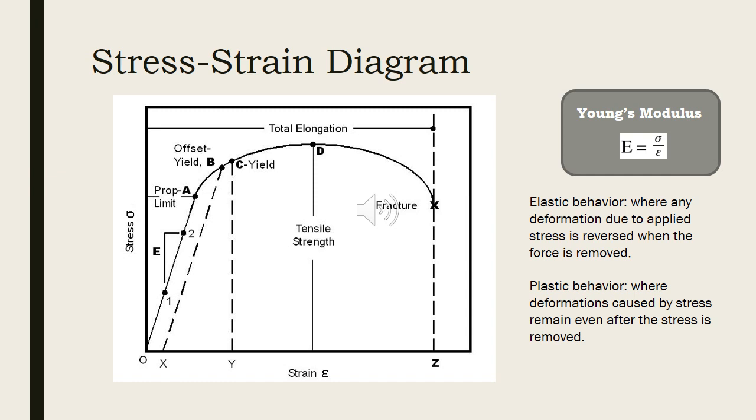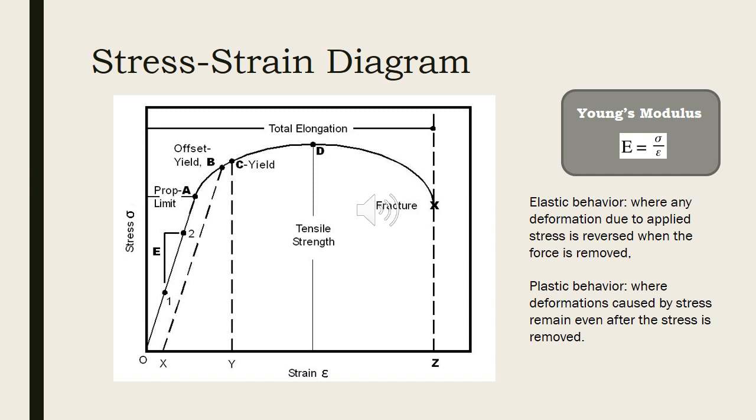Just beyond the proportional limit is the elastic limit, and at this point the material transitions from elastic behavior to plastic behavior. For many materials, the proportional limit and elastic limit are the same or nearly equal.